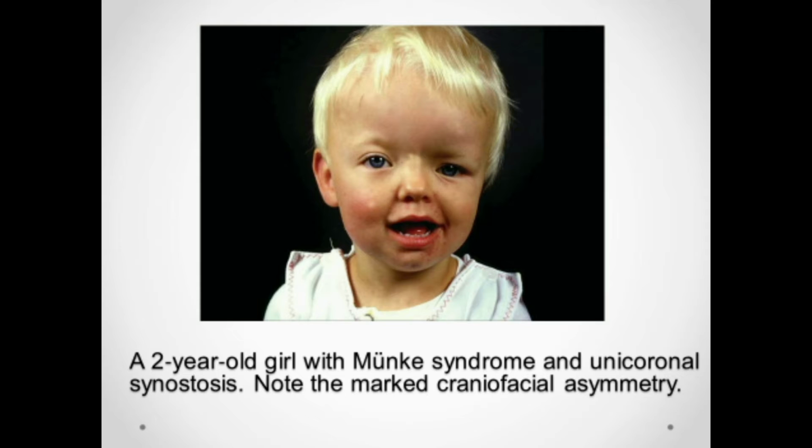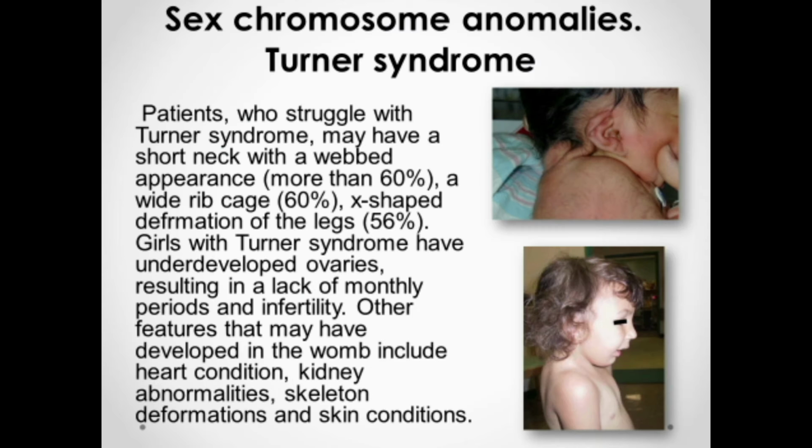Unilateral fusion of the coronal suture results in marked asymmetry of the craniofacial region. If untreated, both the symmetry of the maxilla and the mandible become secondarily affected, leading to facial asymmetry in all three planes of space and often with malocclusion in the transverse plane, such as unilateral crossbite.